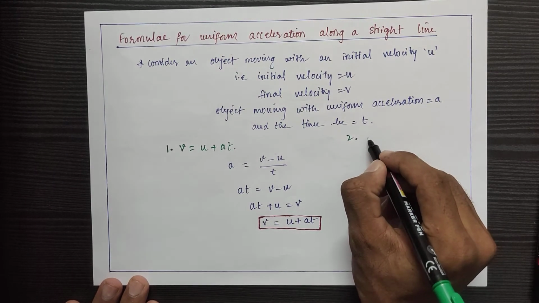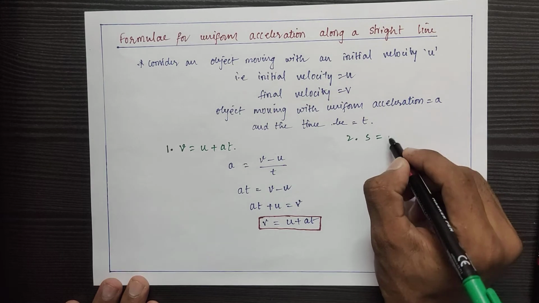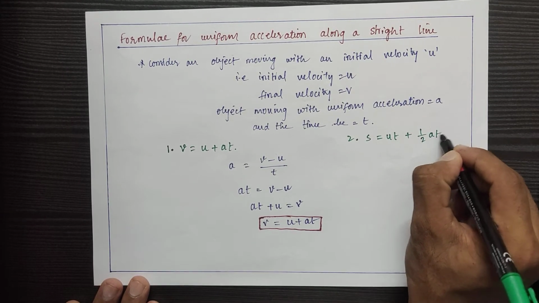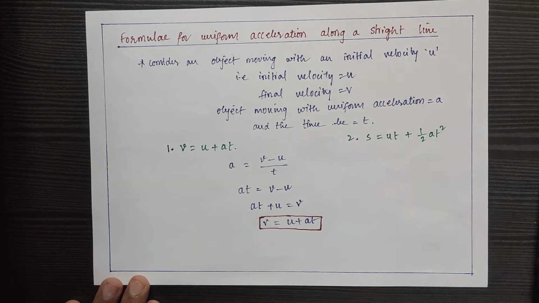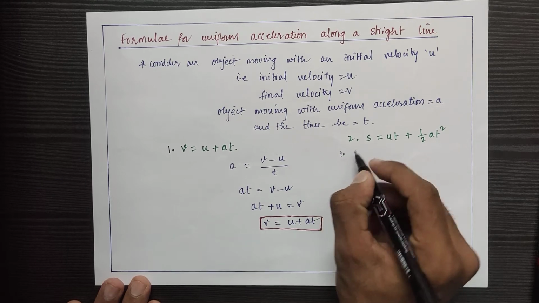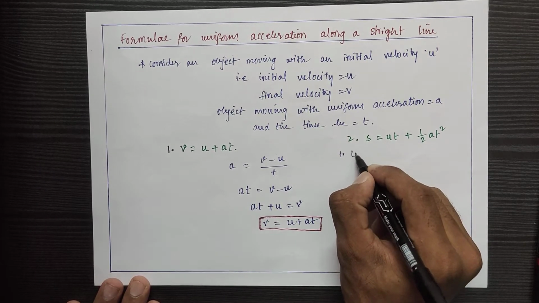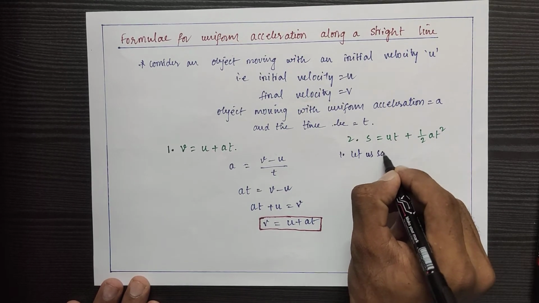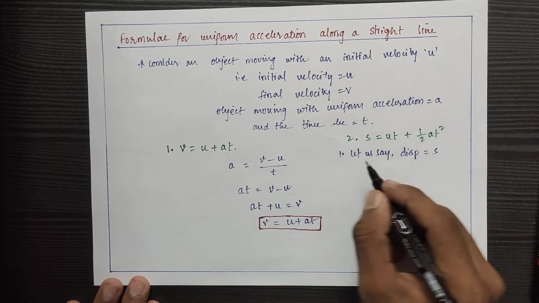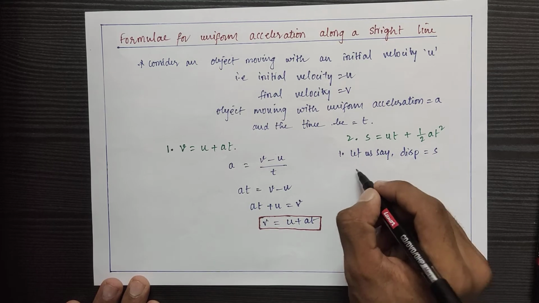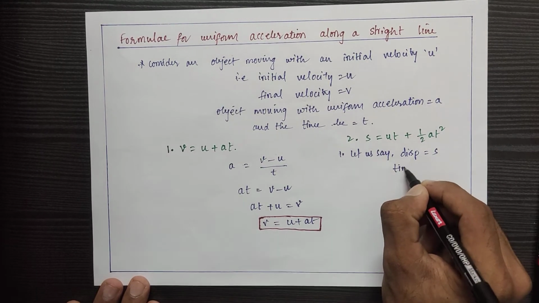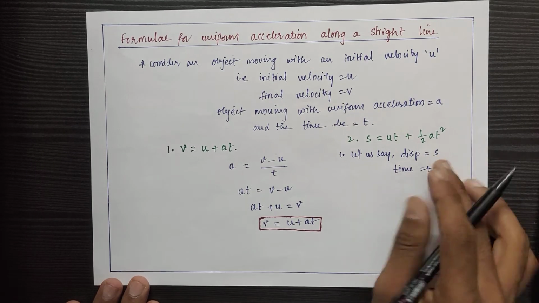that is the displacement one, s is equal to ut plus half at square. To derive this, we have to consider something first. Let us say the displacement is s and the time taken to cover the displacement is t.